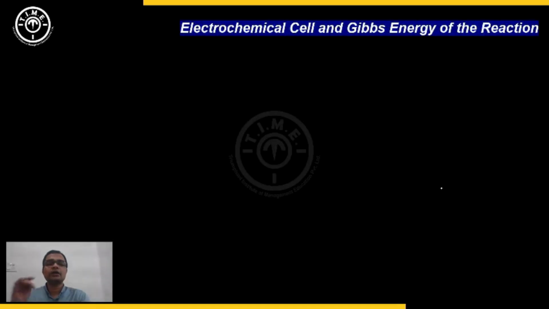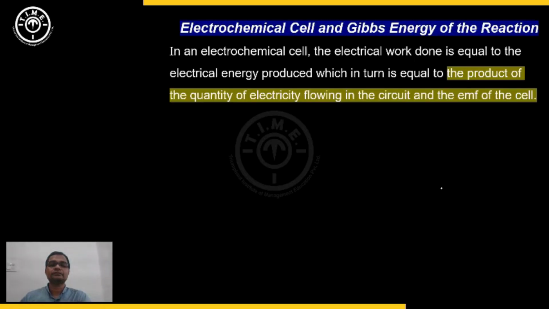Next, electrochemical cell and Gibbs energy of the reaction. See, in an electrochemical cell, electrical work done is equal to the electrical energy. If the cell reaction must be feasible, it should be spontaneous. Then the free energy change must be less than 0. Then the electrochemical cell reaction is feasible.